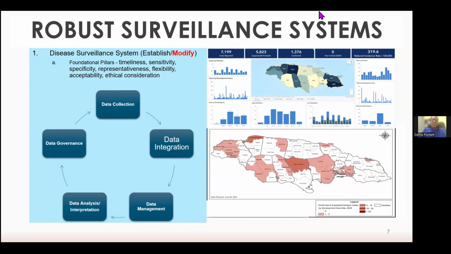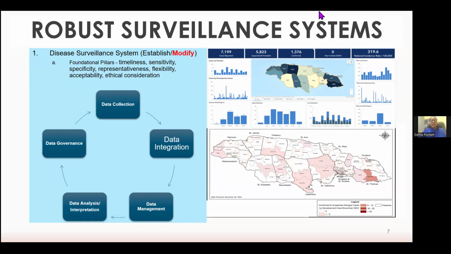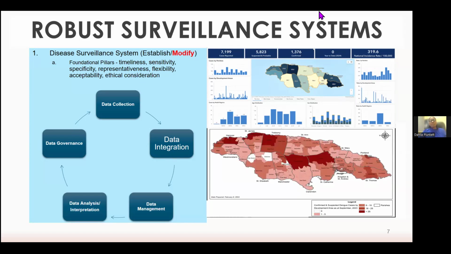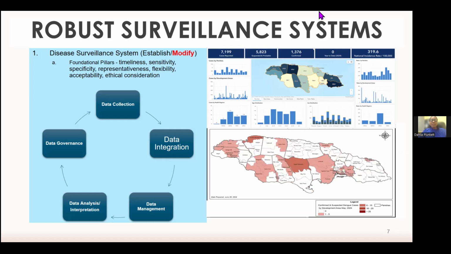The idea of data integration is very important because even as we speak about climate data on a whole and climate and health data, these come from different entities in most instances. Some may come from, for example, our surveillance unit, Ministry of Health, but there are other data like climate data that may come from the Met offices or Met services. And then there's the environmental health data.